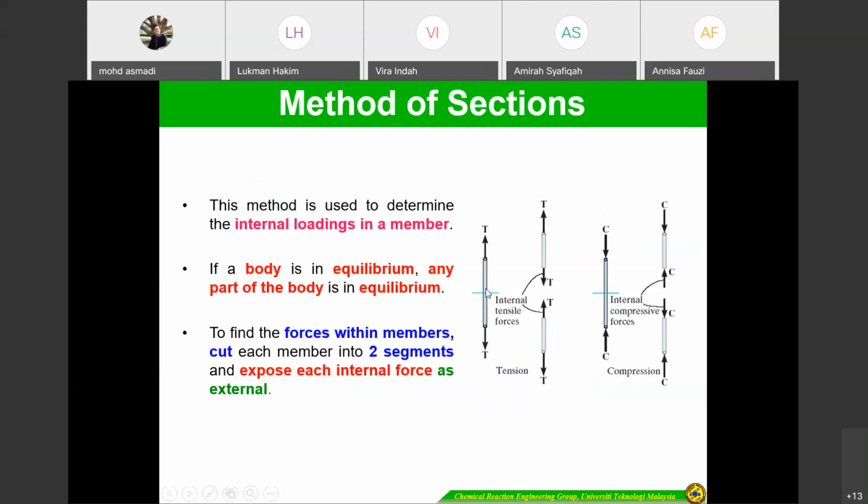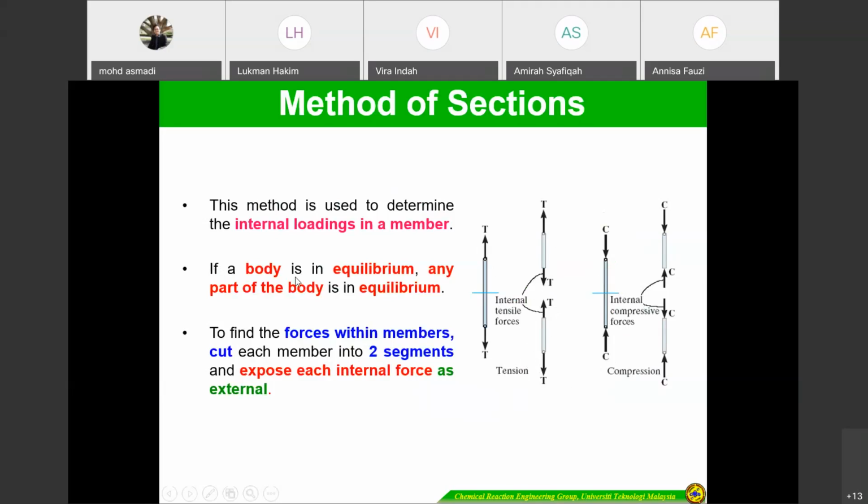If you cut in the middle of this beam or member, we can find the internal tensile force, which is in the opposite direction. Similarly, if you introduce force in the tension direction, this one is for the compressive force.